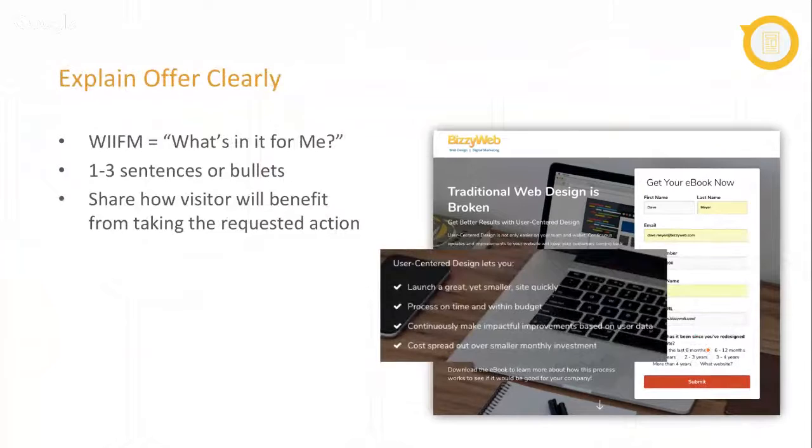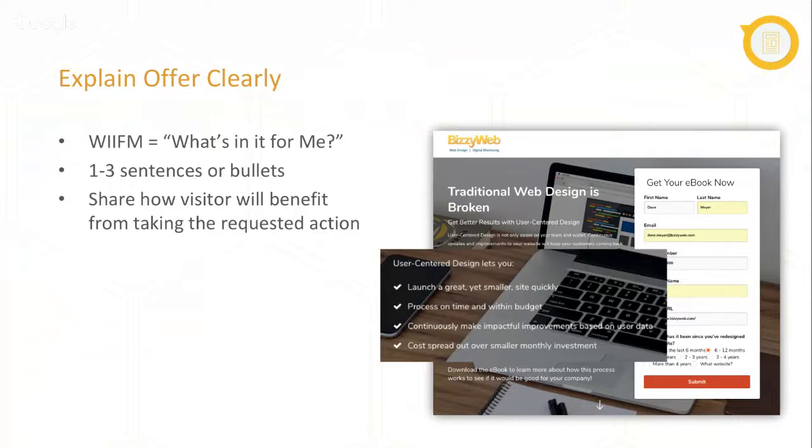Explaining your offer clearly is also incredibly important. Think about what's in it for me from your lead persona's perspective, the person that you're trying to reach. Why should they care? You're not talking about how interesting you are. You're not talking about the content even at this point. You're eliciting what the problem is and how this piece of content is going to solve that problem.